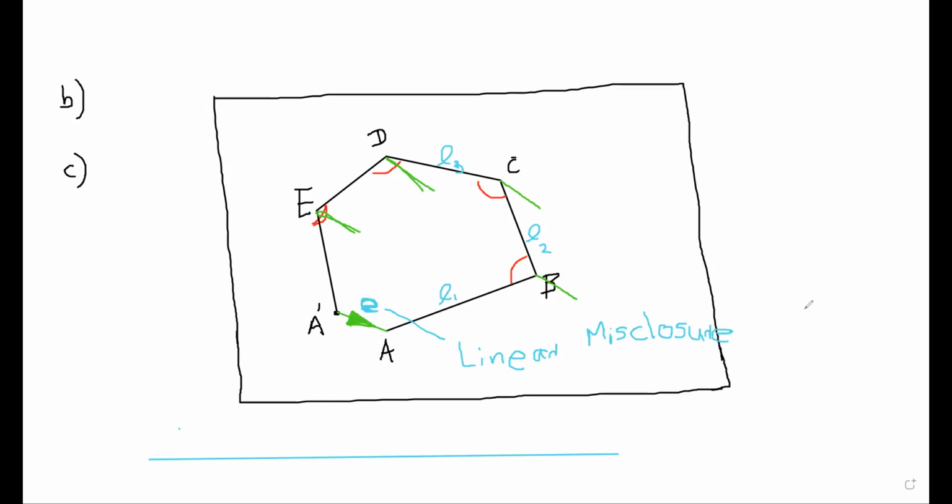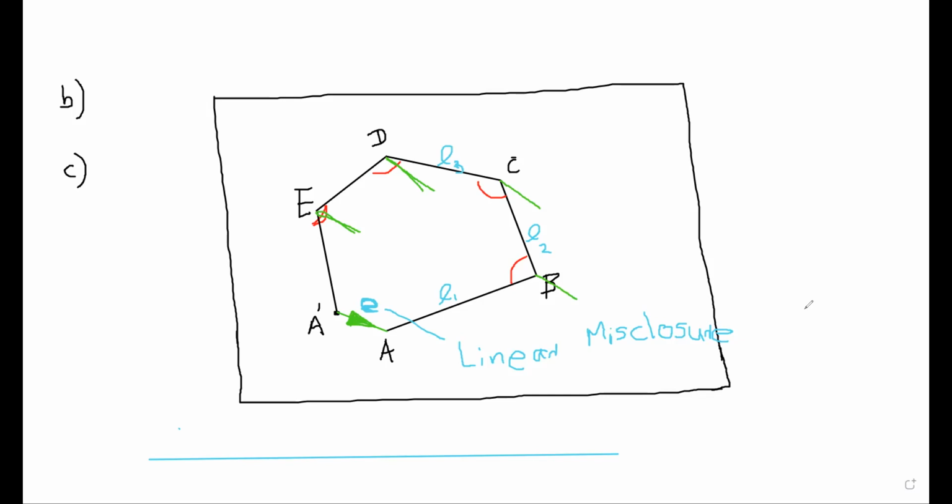This word misclose is not a good word, something like Miss World or Miss Sri Lanka, right? Here the preposition miss is used for the bad side, right? It is not closing.